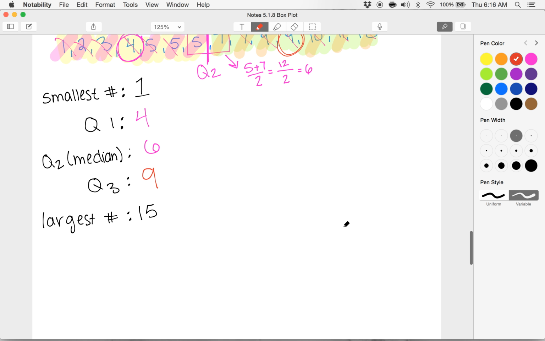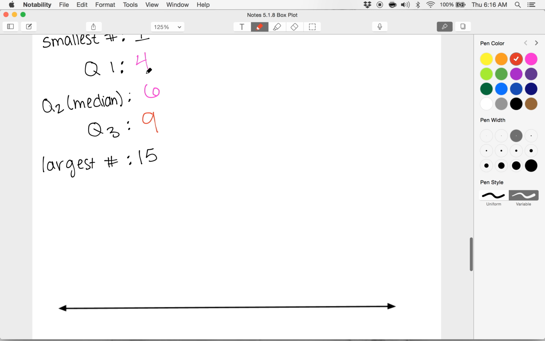Okay, so I'm going to come down here and now I need to plot all of those. So my smallest number was a 1. So I'm going to do 1, 2, 3, 4, 5, 6, 7, 8, 9, 10, 11, 12, 13, 14, 15. So I'm going to put a dot over 1.